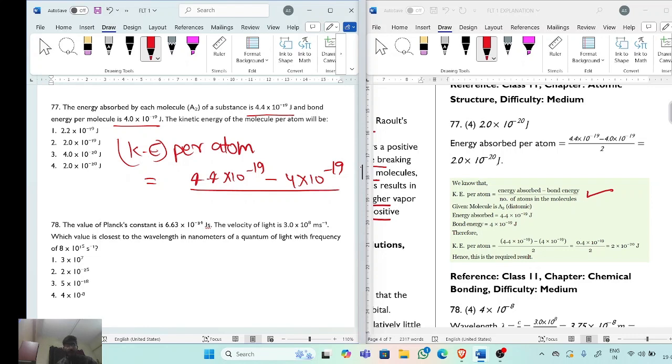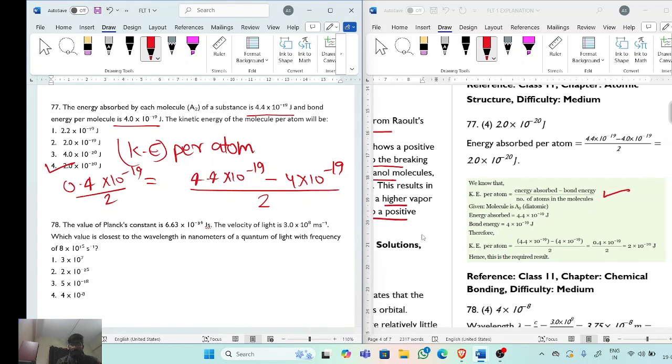So it is diatomic, meaning there will be two atoms in the molecule. Okay, so when we solve, it will come out 0.4 into 10 raised to the power of minus 19 divided by 2. If we solve this, we get 2 into 10 raised to the power of minus 20. So which is our option number 4.